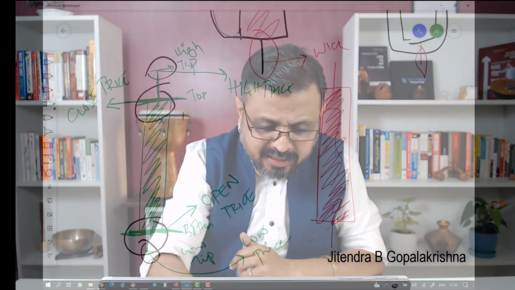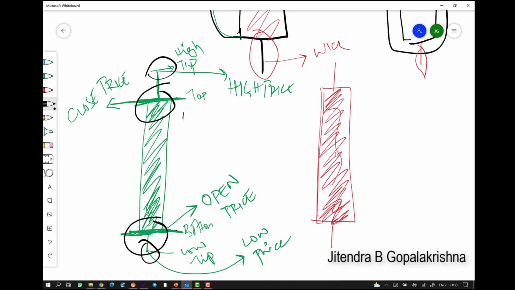So now for a green candle, the opening is at the bottom and the closing is on top, which means price opened here, during the day price came up and closed here. It went all the way high up here but came and closed here. Now a red candle is exactly the opposite of a green candle. This is the opening price.